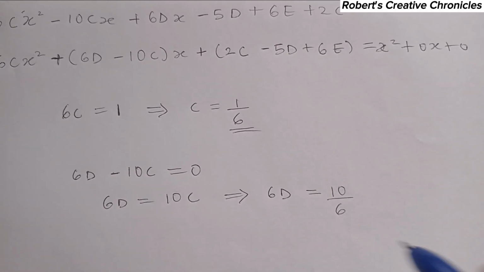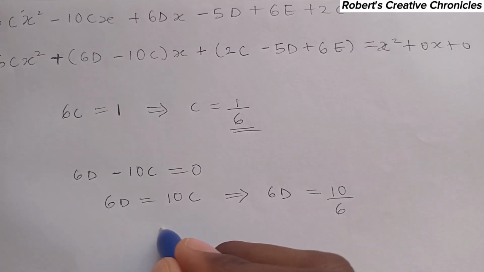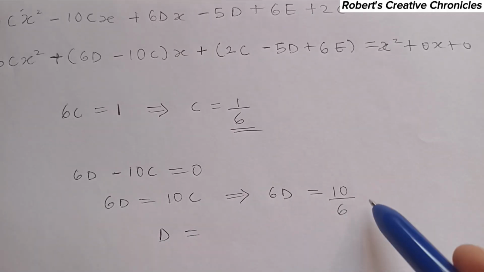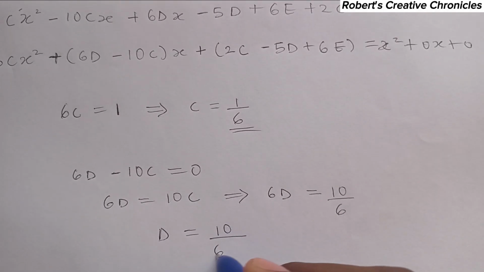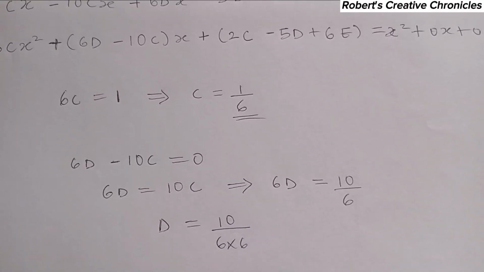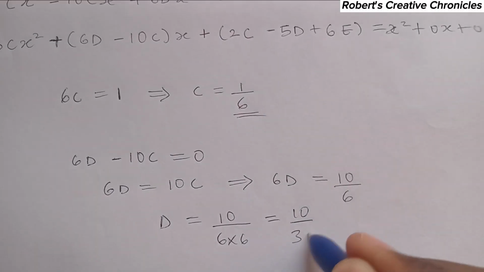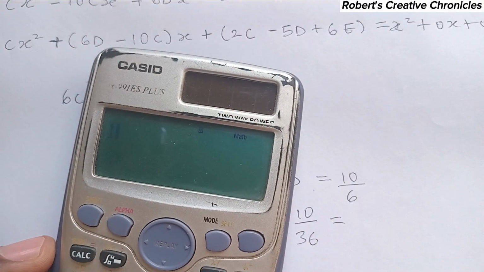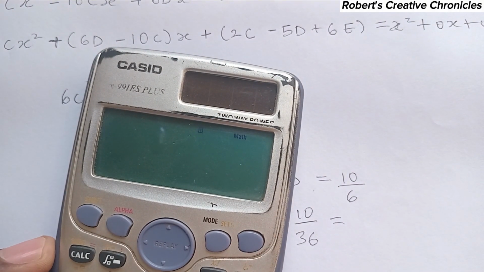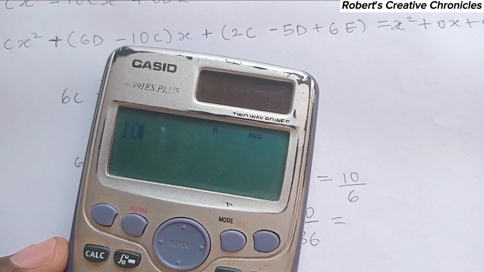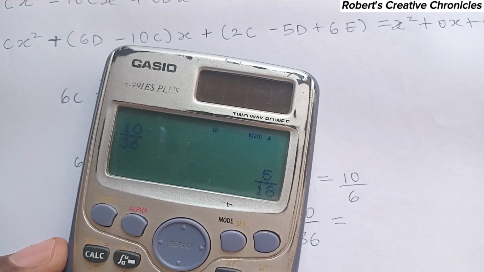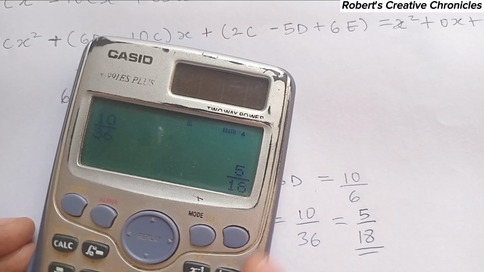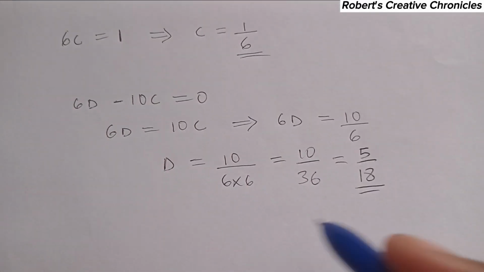So now you divide both sides by 6. So d will be equal to 10 over 6 divided by 6. That is 10 over 6 times 1 over 6, which is equal to 10 over 36. Then 10 over 36 is what? 5 over 18. So d is now 5 over 18.